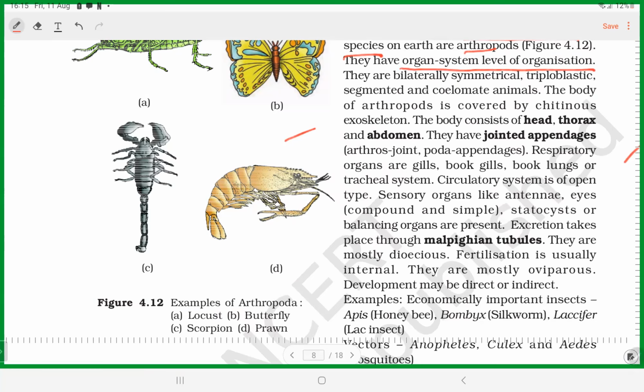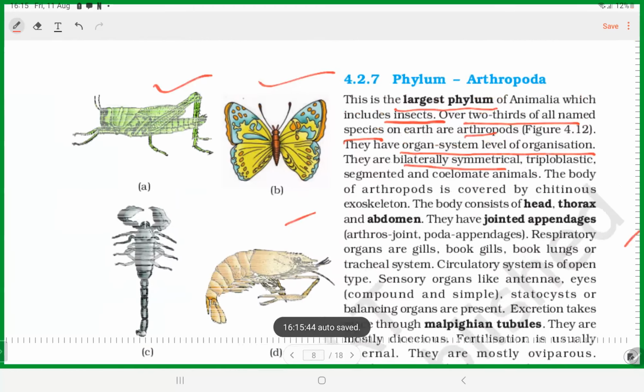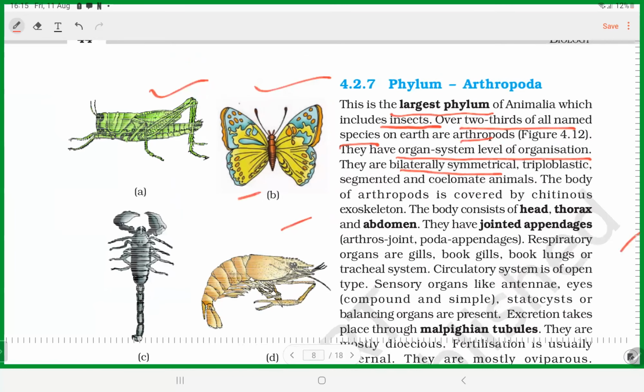Then you can see bilateral symmetry, meaning left and right combinations. If you cut here, you get two equal halves. So they possess bilateral symmetry, and they are triploblastic, meaning endoderm, ectoderm, and mesoderm are all present.